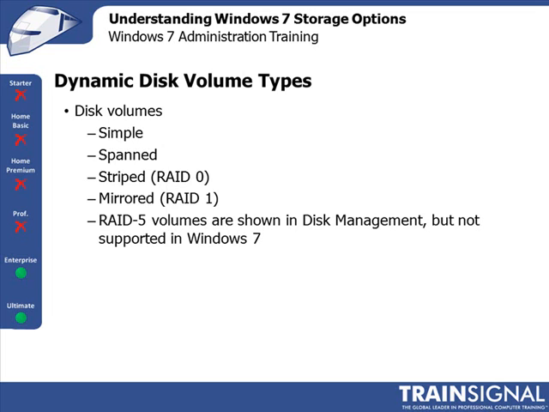data goes. Now, RAID 5 volumes you're going to see shown in disk management, but they're not supported in Windows 7. RAID 5 is decreasingly common in data centers, but still very common, even though it's not quite as popular as it used to be. RAID 5 is a storage mechanism that uses the concept of parity, that's P-A-R-I-T-Y, calculated on the fly, that helps recover from the loss of any disk in the array.